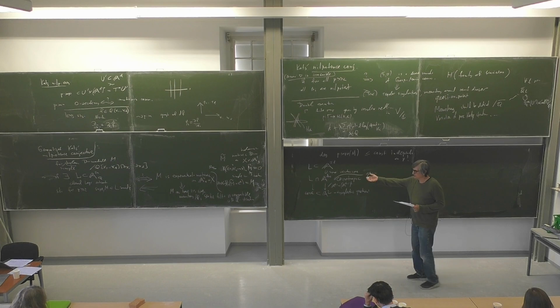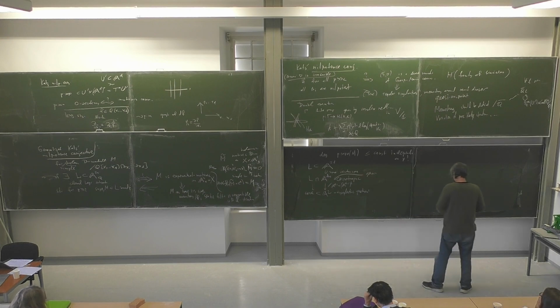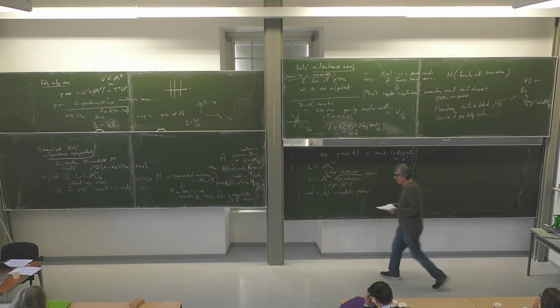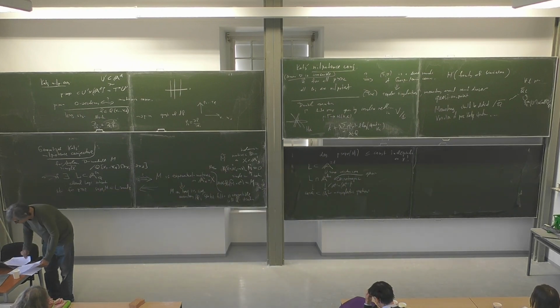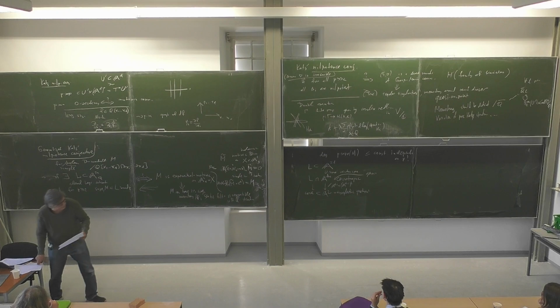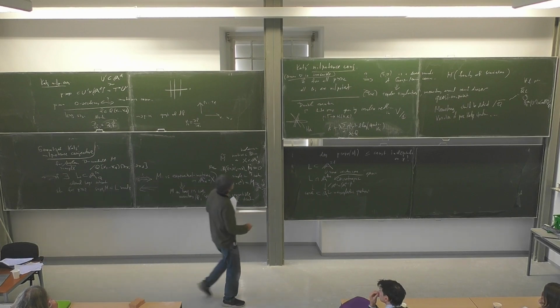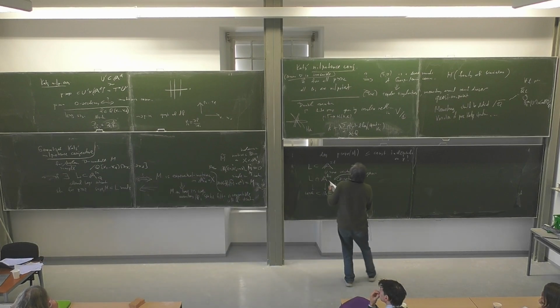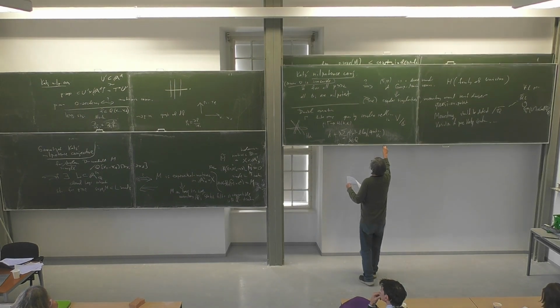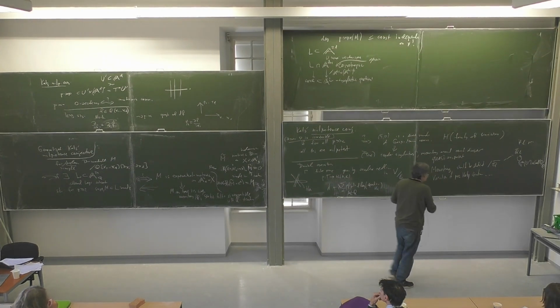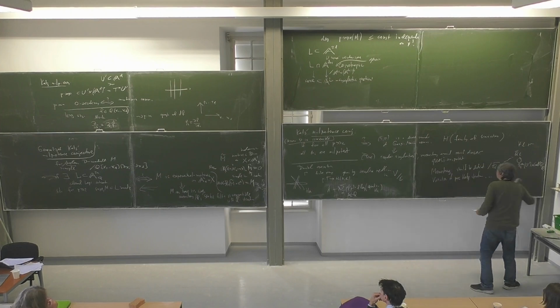Why does this curve have the same degree? And here it's really the key, basic calculation, which I'll do on a clean blackboard.